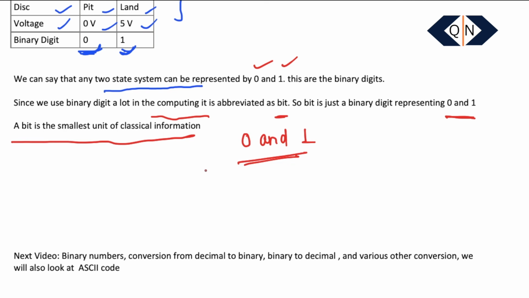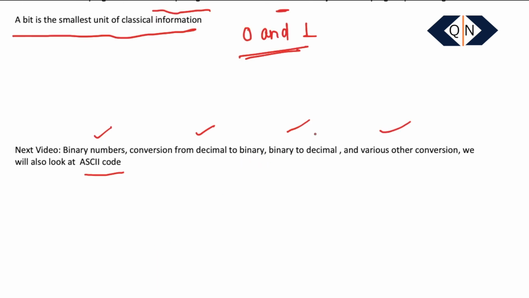So we will be understanding all those things in our next video, where I will be teaching you about binary numbers, conversion from decimal to binary, and binary to decimal conversion, and various hexadecimal conversions, and we will also look at ASCII code. So I will see you in the next video with the following topic.